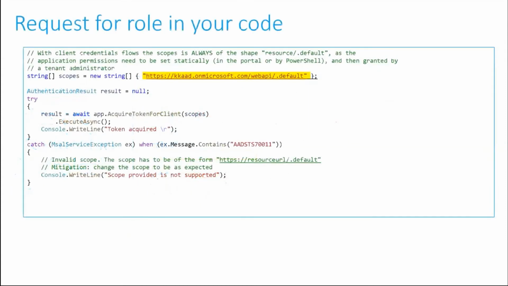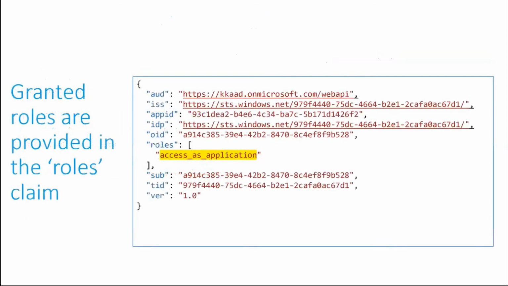The important bit here is that you need an admin consent to assign roles to an app, and you cannot ask for individual app roles today, simply because the way Azure AD is built, the consent happens once for all the app roles that are requested, and you would always get, using default, the roles that were admin consented successfully in a tenant. So do not assume that you will get all the roles that are declared. This is how APIs are able to expose app roles and let the client applications use them.